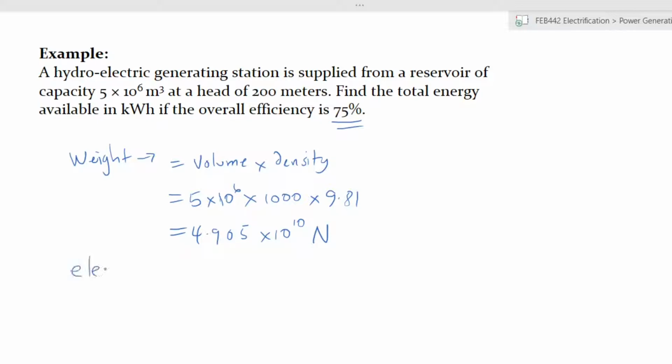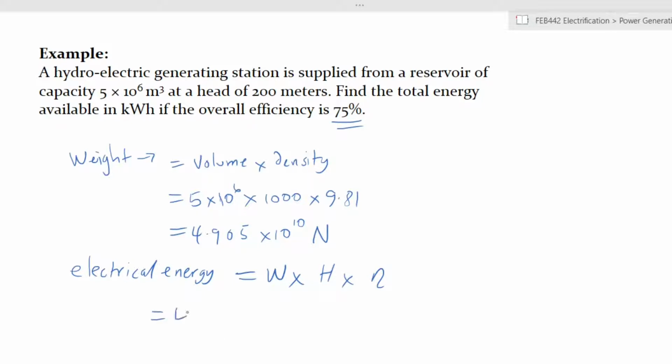Now the electrical energy will be given by the weight, W, times the head, which was 200 meters, times your efficiency, which we said was 75%.